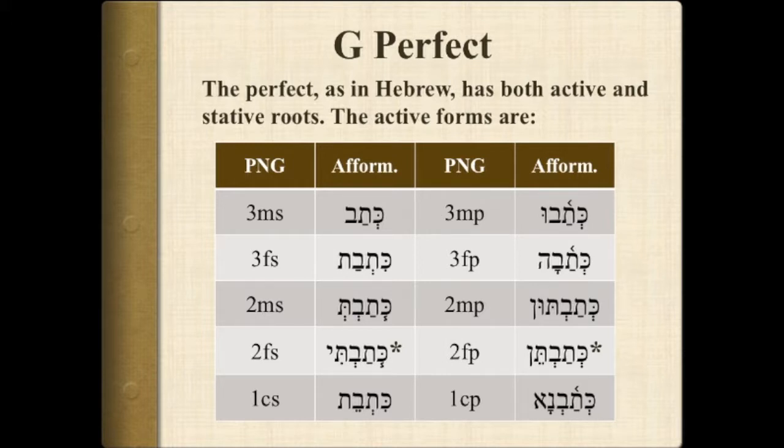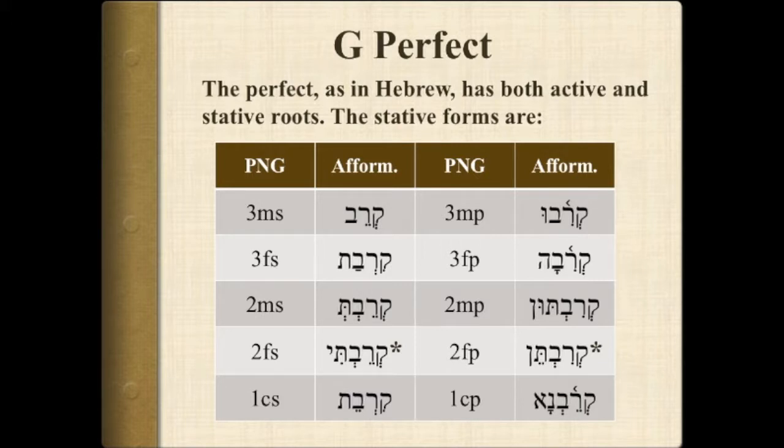That in Hebrew would be more likely to represent a singular. The second masculine plural has tun. The second feminine plural, if it occurred, would be tain. And the first common plural ends in na. So just note those endings.